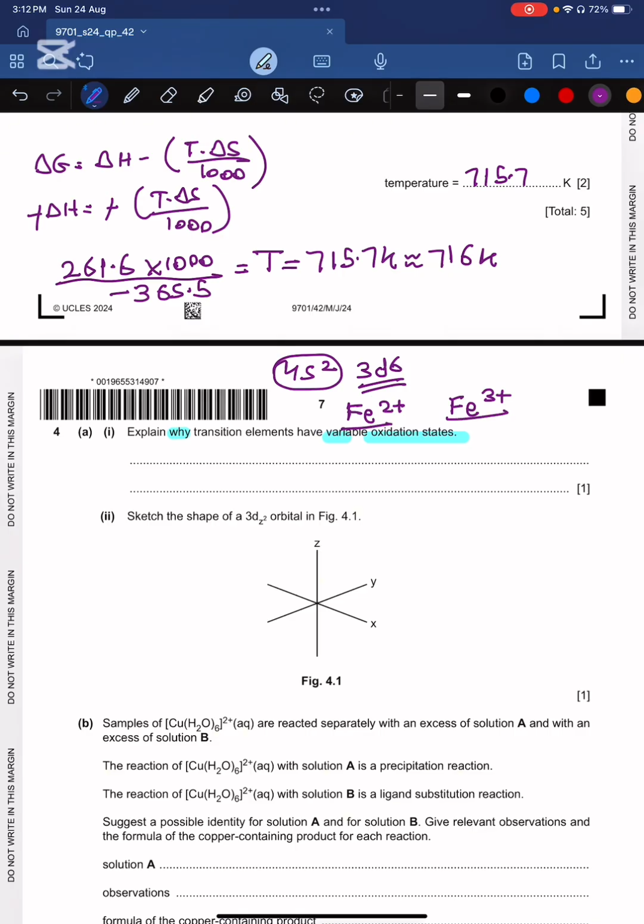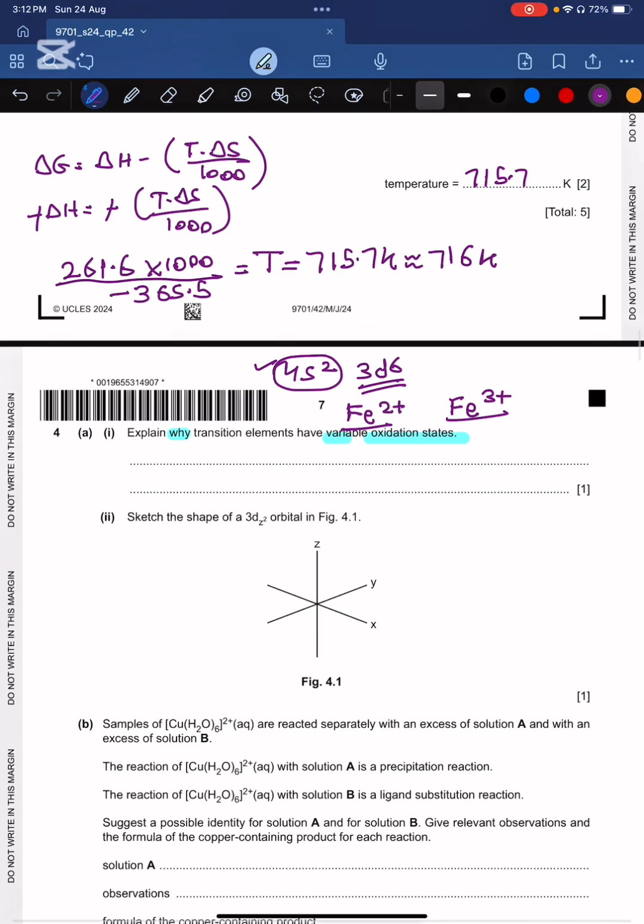But how is it possible that sometimes two electrons are lost and sometimes three electrons are lost? This is what the question is asking. It is possible. Why? Because the 3d and the 4s subshell have very similar energies. Therefore, if you give a particular amount of energy to lose an electron from the 4s subshell, sometimes an electron is lost from the 3d subshell also because both of them have similar energy.